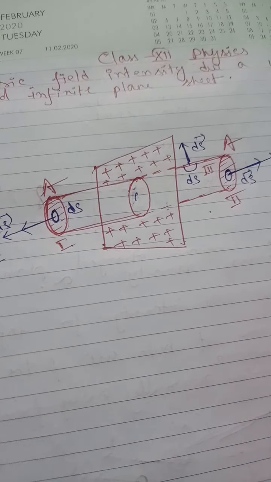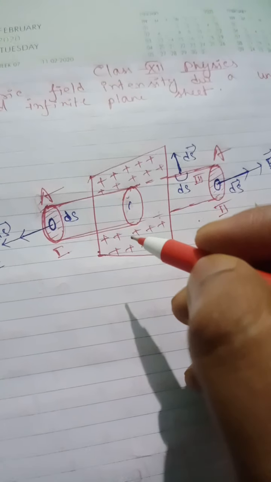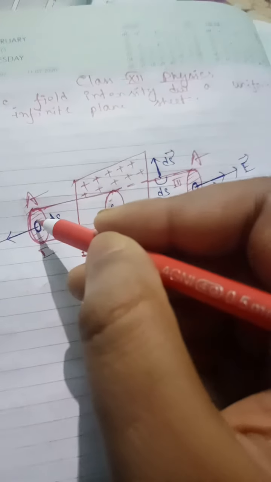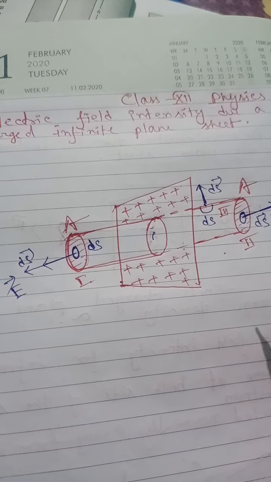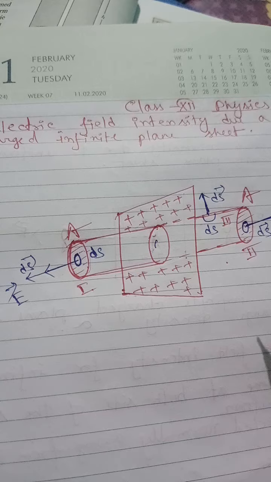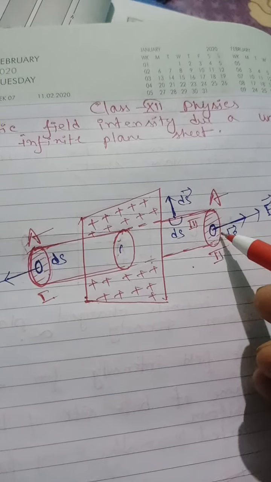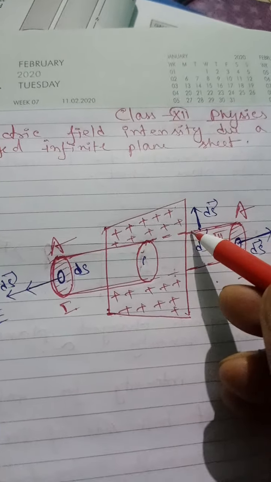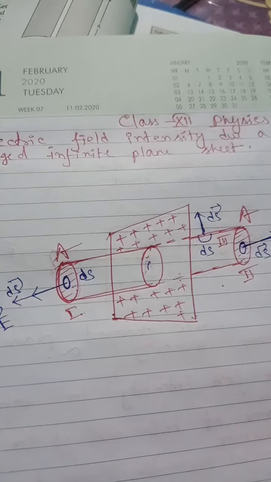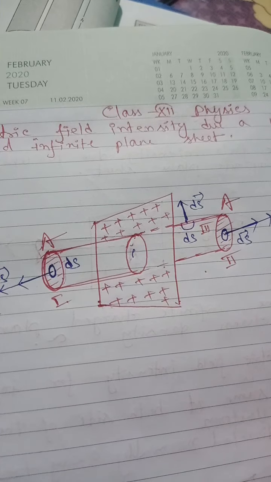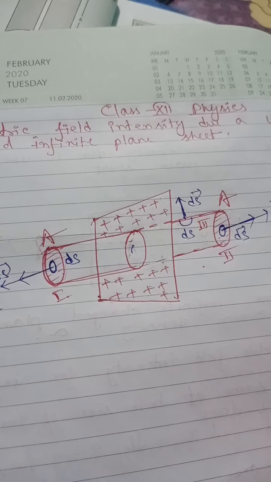For these three regions, we take one small element ds. Here this blue colored portion is the small element ds, and here also the small element ds is taken, and on the curved surface also a small element ds is taken.